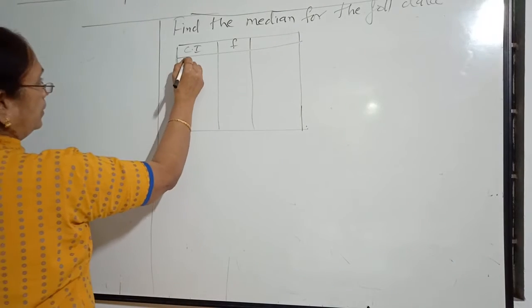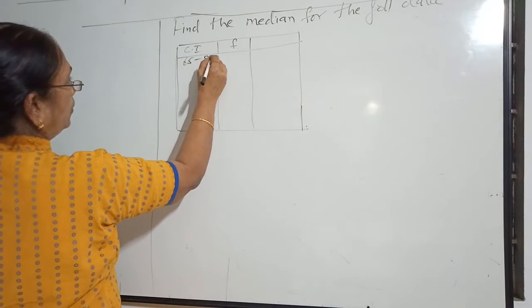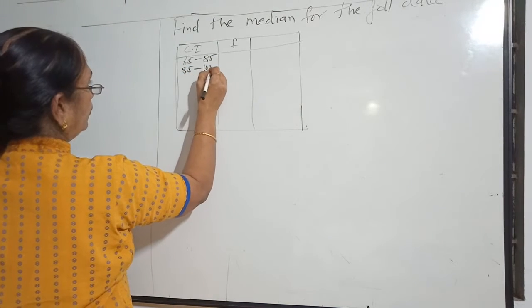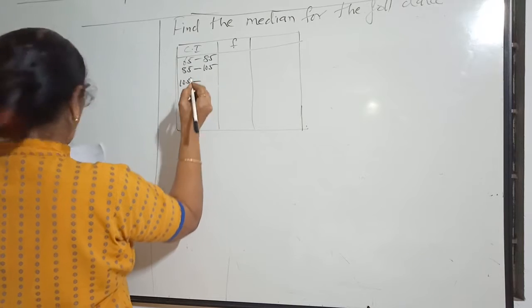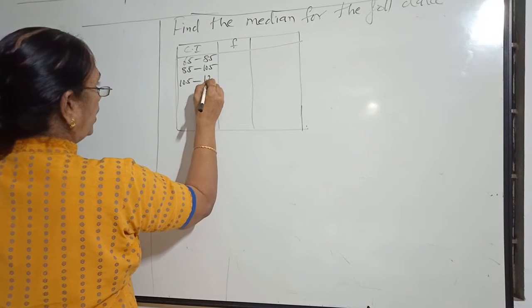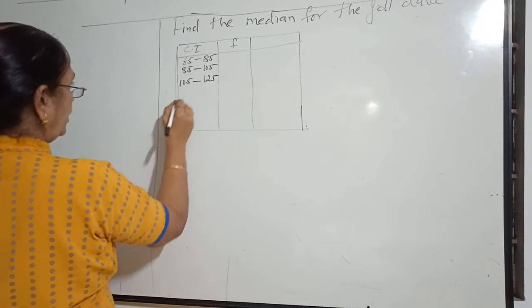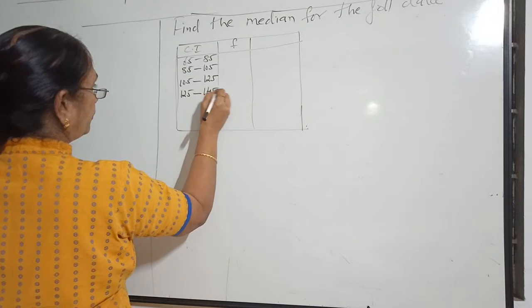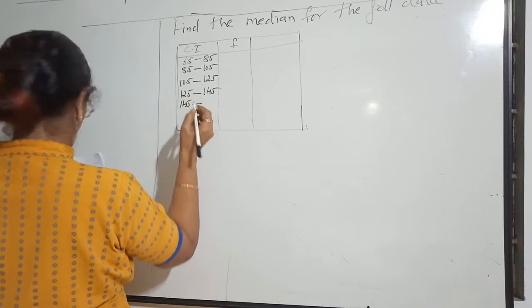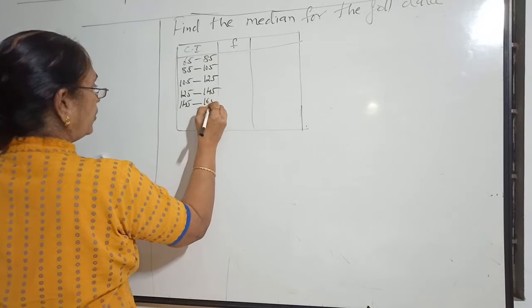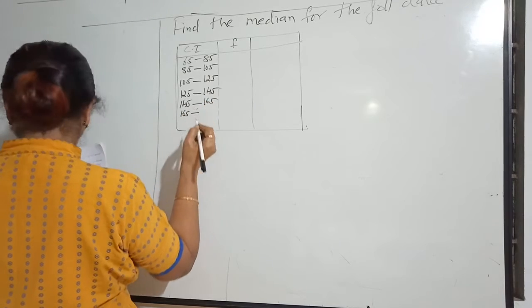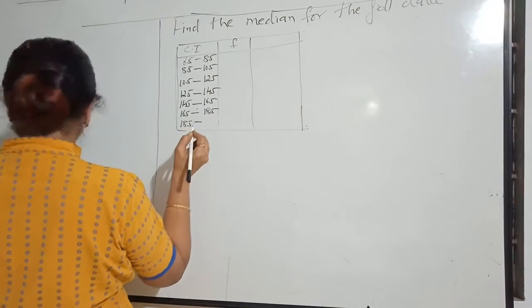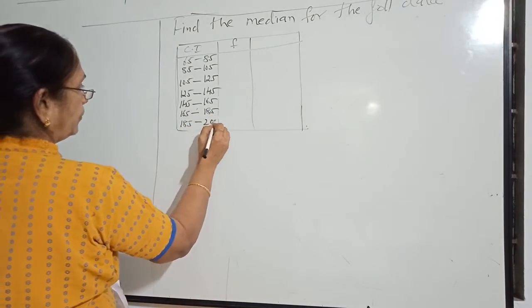First one, 65 to 85. Second, 85 to 105. 105 to 125. 125 to 145. 145 to 165. 165 to 185 and 185 to 205.